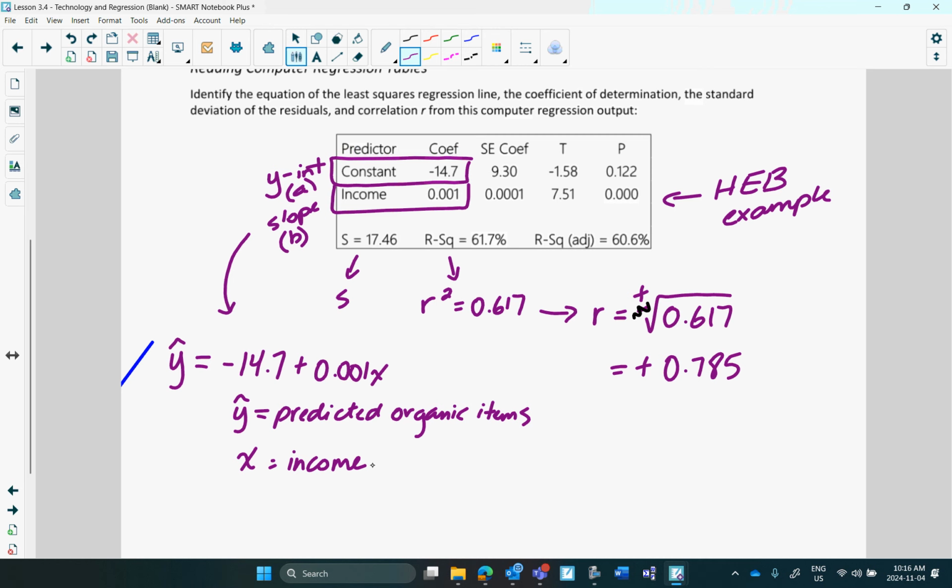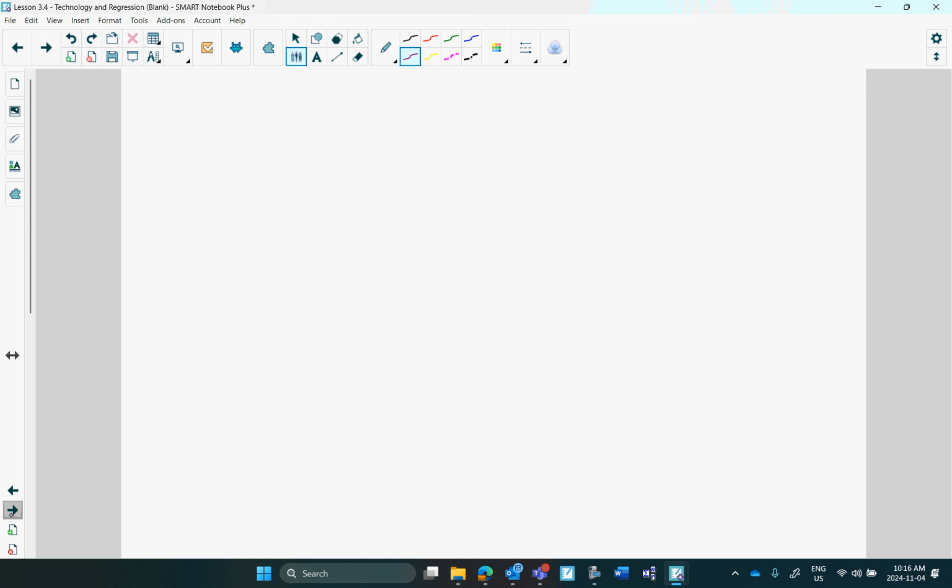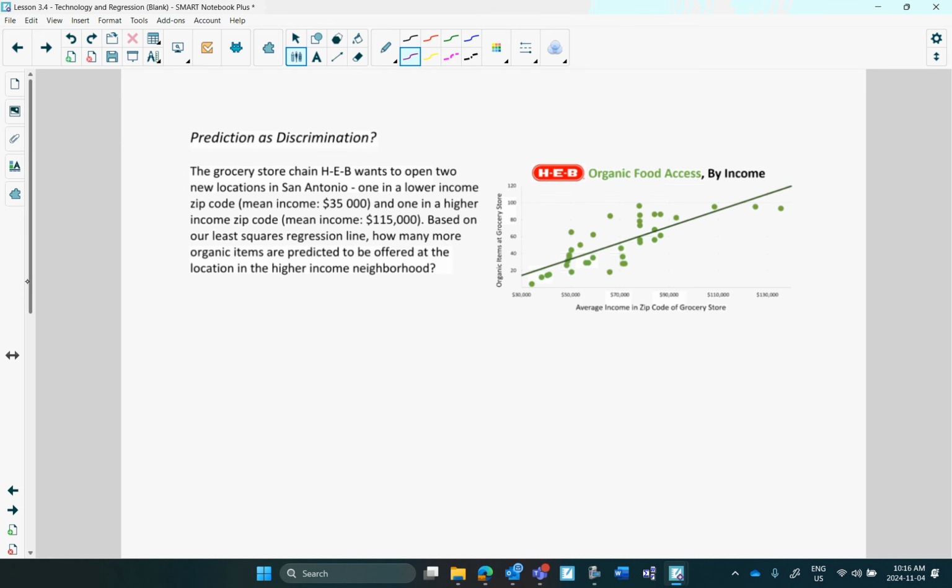Okay, well, to do this question, it's pretty straightforward. Just use the equation, which is negative 14.7 plus 0.001x. Well, you're given the mean income of the low income area. So we want to find the predicted number of organic items they're going to offer.